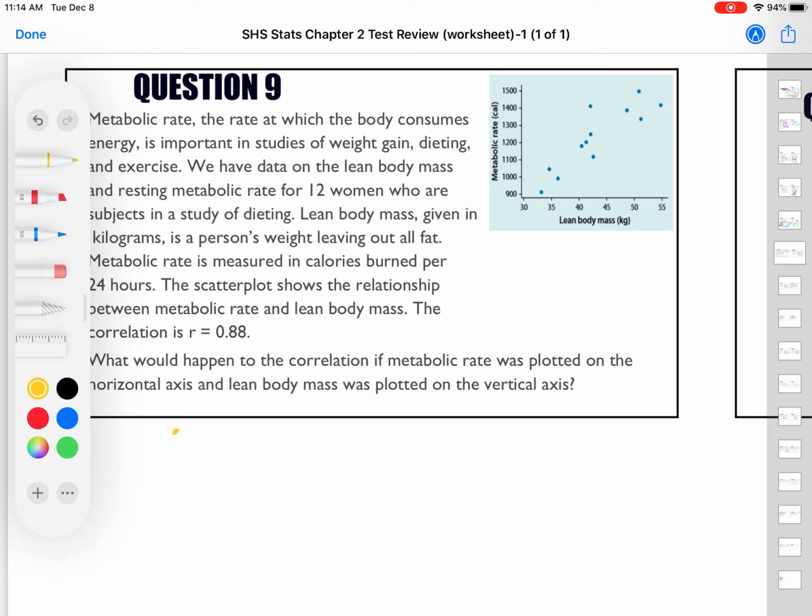So basically, in this problem, they're telling us to switch the x and the y's. But if you remember back to information on our scatter plots, it does not matter because in correlation, the correlation would not change.